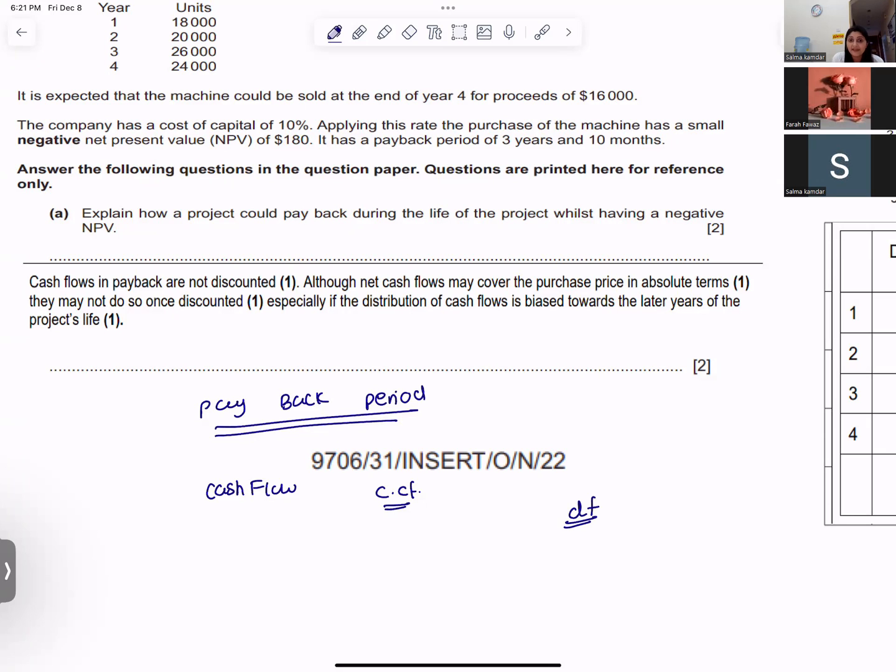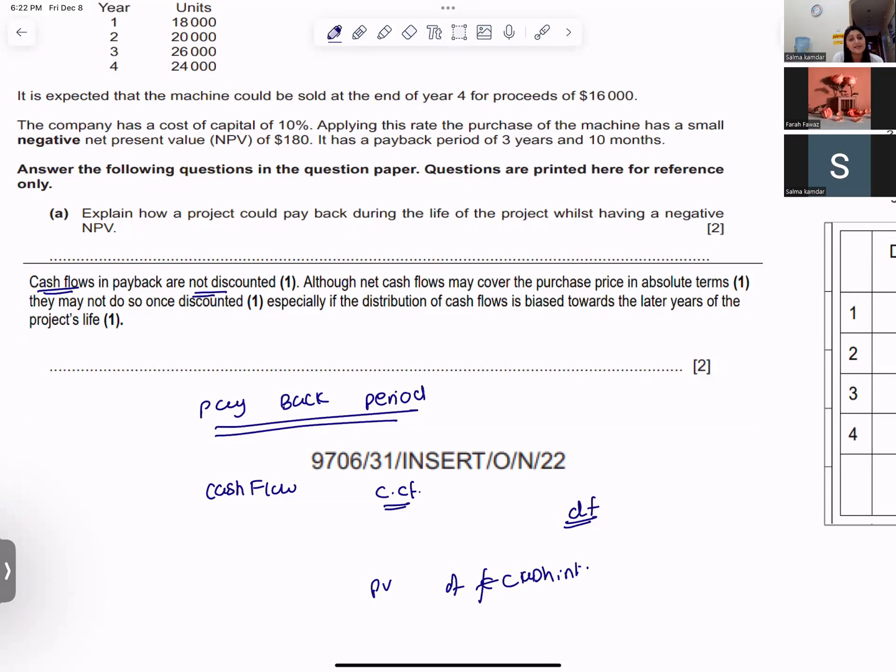So in the payback period, my investment could be paid back because I do not take the present value of future cash inflow. So in the payback period, my cash flow is not discounted. Am I correct?